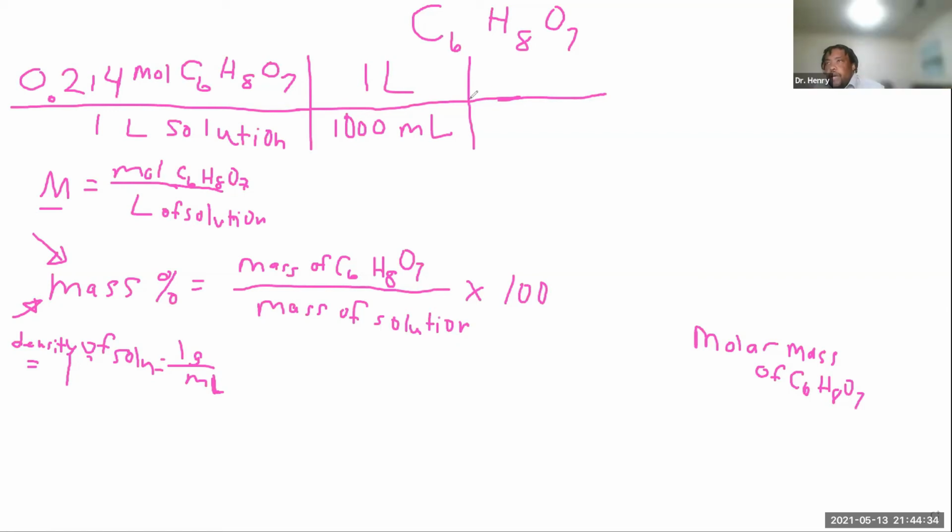Okay, so I want to get rid of milliliters. So I'll put 1 milliliter on top and 1 gram on the bottom. Let's put solution so that we won't lose track of what we're doing. I'm going to use this as my abbreviation for solution.